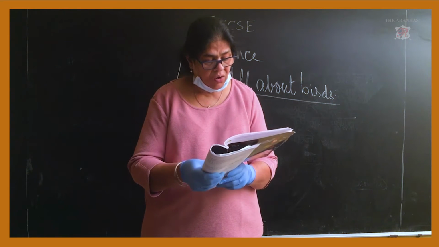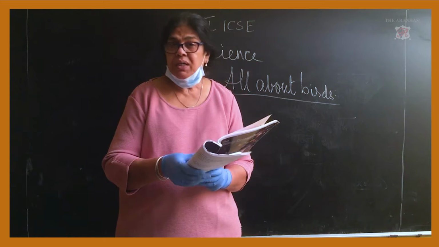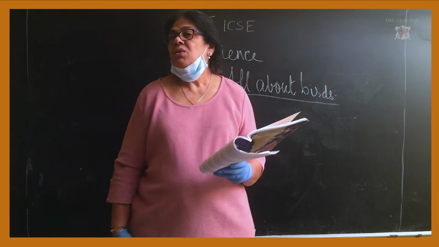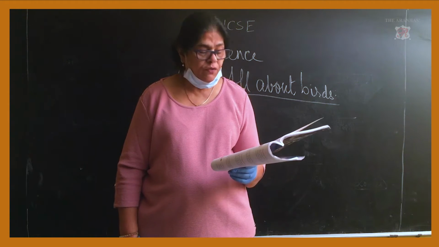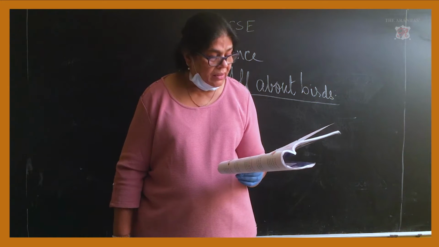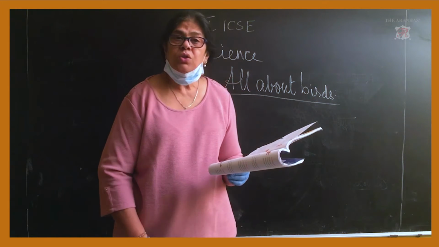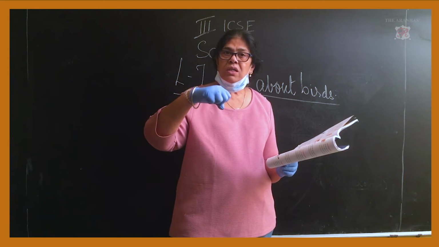Now feet and claws are used in the absence of hands. Birds don't have hands, so they use their feet and their claws. They use them to catch food and to protect themselves from their enemies. They also use the claws to perch on trees. To perch on trees means to sit on a tree.